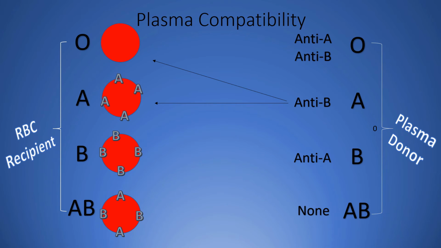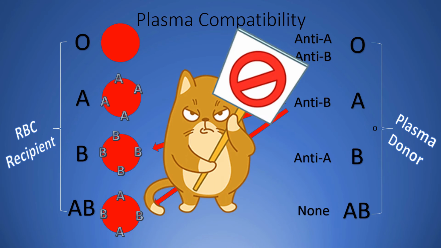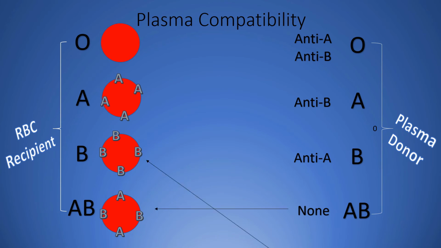Type A plasma can be transfused to either type O or type A individuals. Type A plasma cannot be transfused to either type B or type AB individuals because the anti-B would interact with the B antigen on the outside of the red blood cell membrane, causing a transfusion reaction. Type B plasma can be transfused to either type B patients or type O patients.